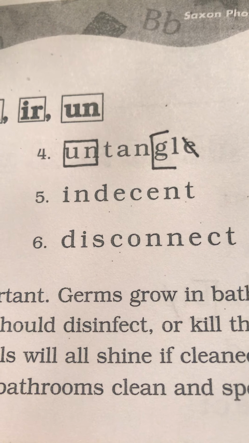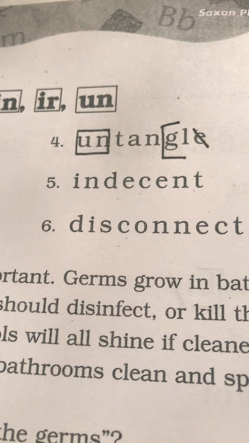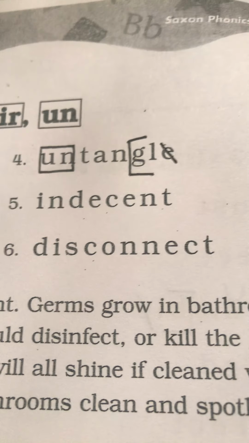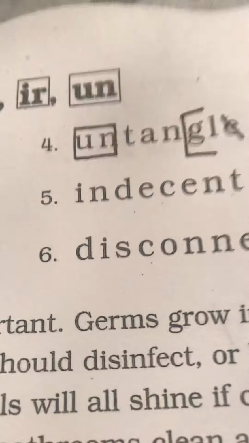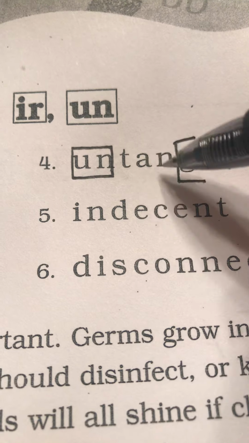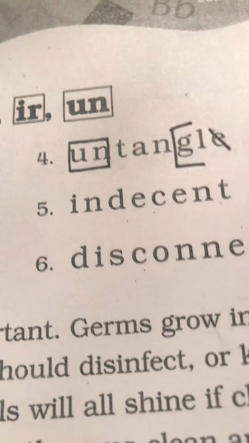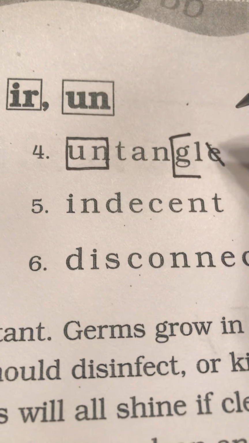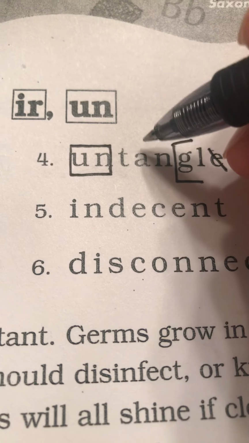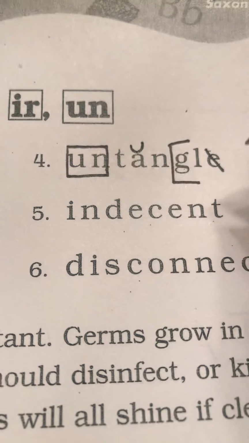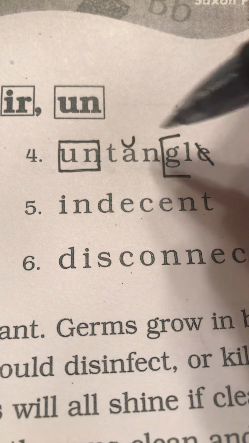Now this one's a little bit different. The A is surrounded by consonants, but we don't say tan-gle, we do say tangle. So this is one of those kind of strange ones. If you did it with a breve, you can go ahead and count that correct because that's what we know.